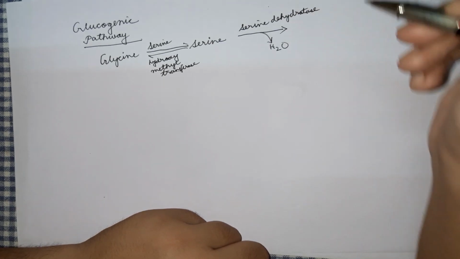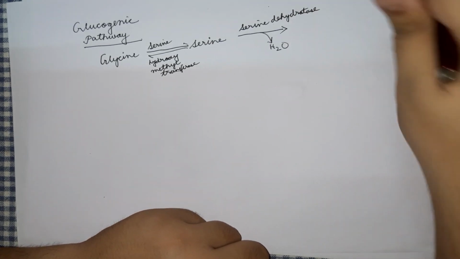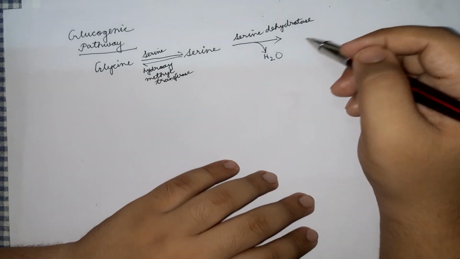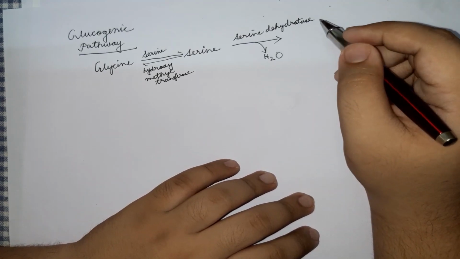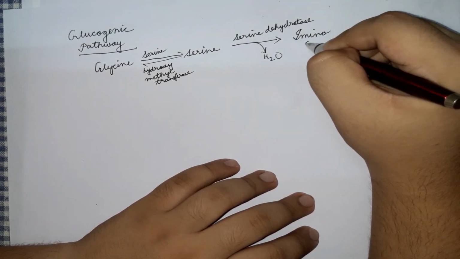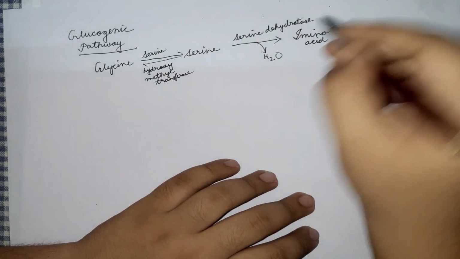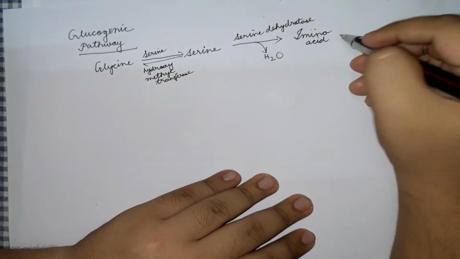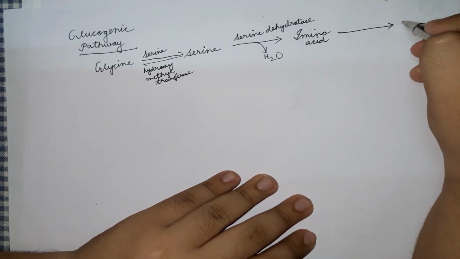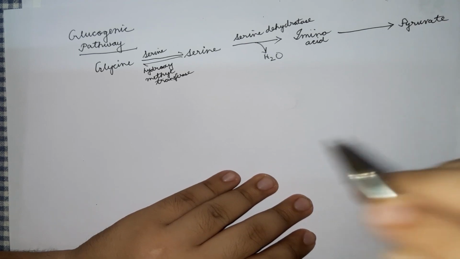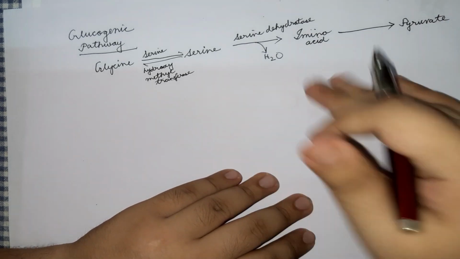So serine dehydratase is used, water is given out, and what is formed? Amino acid is formed. How did this happen? If I tell you that from serine you get amino acid, and from amino acid you get pyruvate, this is kind of like mugging up the things.